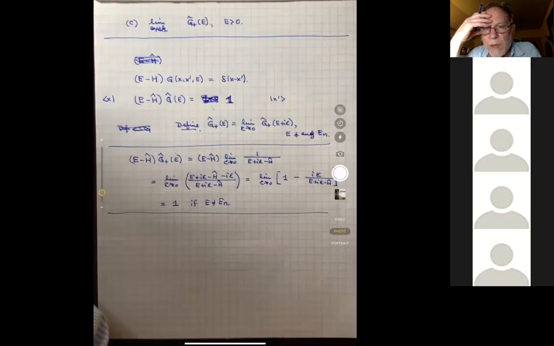If you think about this Green's operator as a function of a complexified energy, it becomes a function of a complex variable, the complex energy, which is analytic in the entire upper half plane and in the lower half plane, and they are analytic continuations of each other.